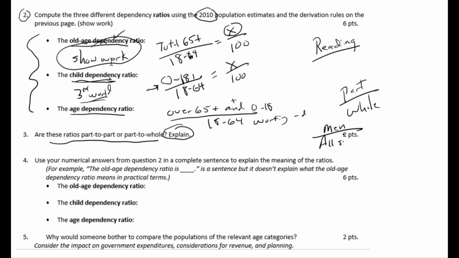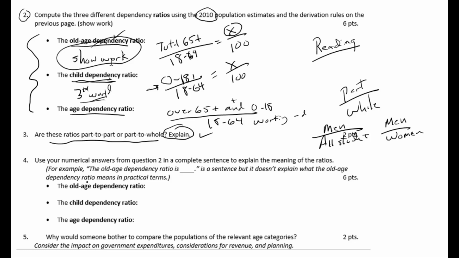All students. That's a ratio. That's part to whole. Part to part would be men's students compared to women's students. That would be part to part. So that should help you there.